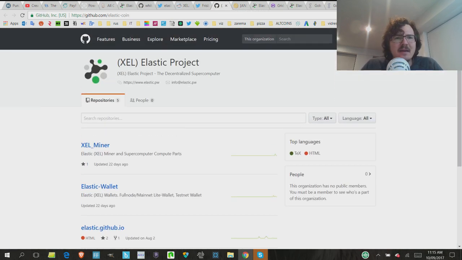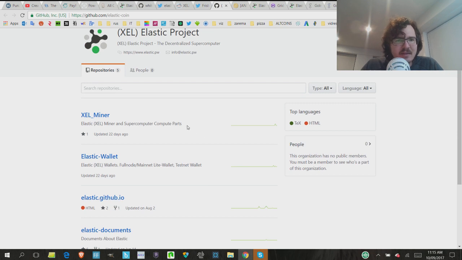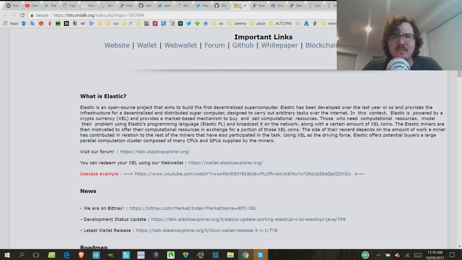Interesting. Over here on GitHub, they do post some updates once in a while. Basically, they've got their miner and their wallet going, but we're really waiting to see the launch. To see the Elastic decentralized supercomputer up and running as it should be, working to its full capacity, and we don't really have that yet.